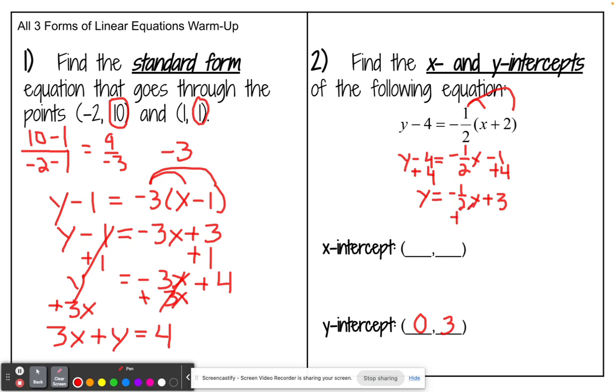I'm also going to have to write over on the side a little bit because I'm running out of room. This cancels out here, and I'm left with 1/2 x plus y equals 3.